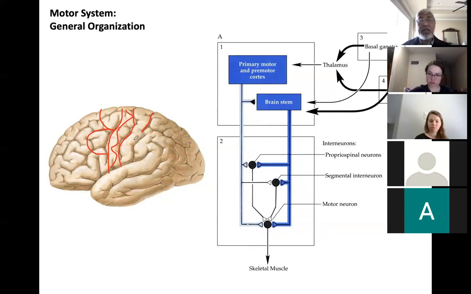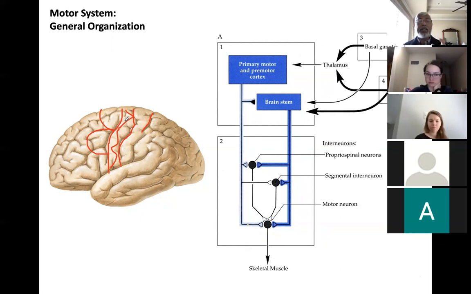We call this gyrus the postcentral gyrus because it is behind the central sulcus, right? And this one is in front of the central sulcus. We call it the precentral gyrus, and this is the primary motor area. This is the primary sensory area.